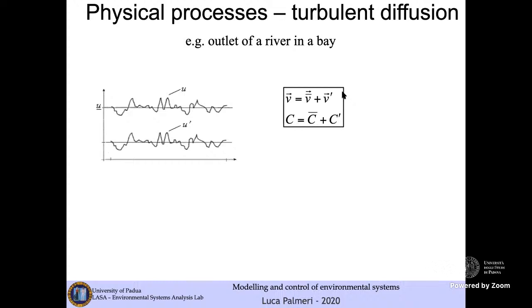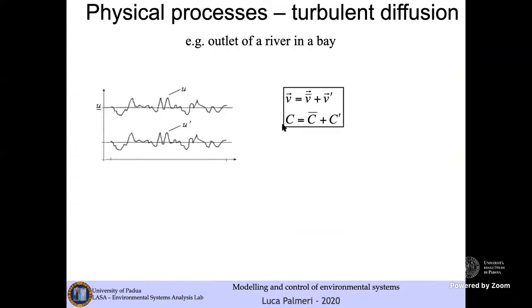Do you remember when we said that if we want to include random processes, we shall include some kind of stochasticity in terms of probabilities? So we make a change of the velocity vector, the speed vector, by saying that the speed vector is equal to the average speed plus a perturbation.